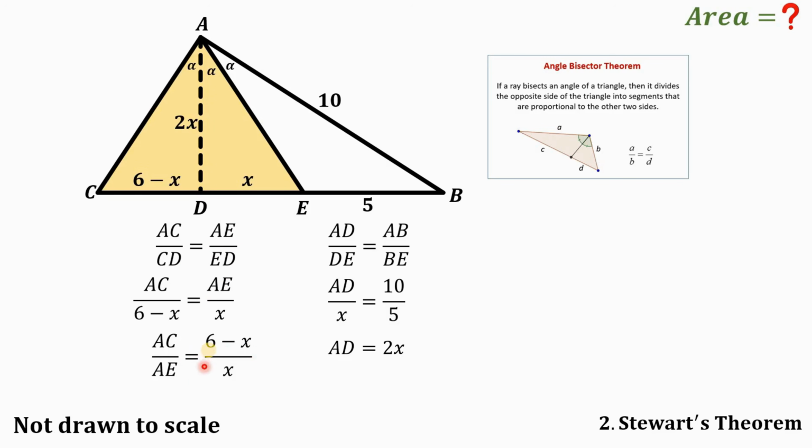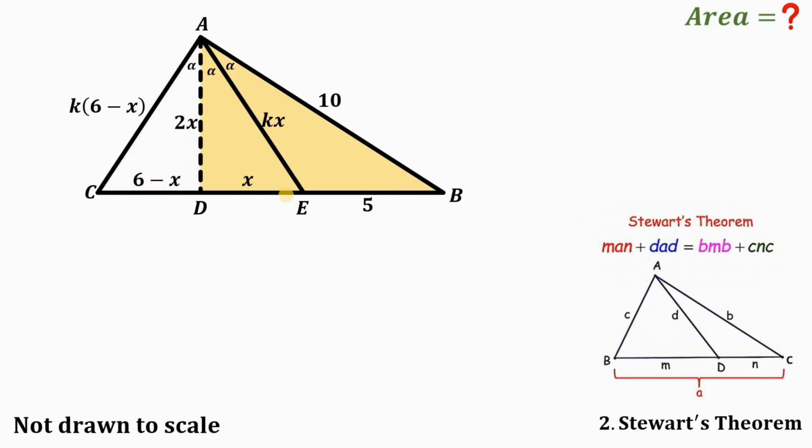Now, let's multiply the numerator and the denominator by the same constant, and let's call this k. In short, we can say that AC is k times 6 minus x, and AE is k times x, like this.